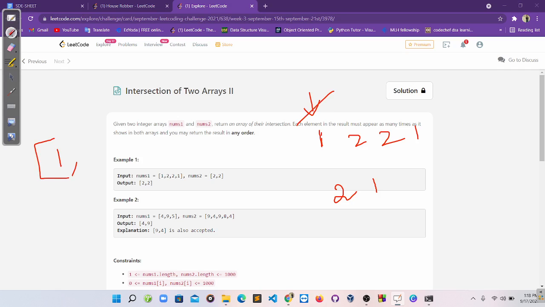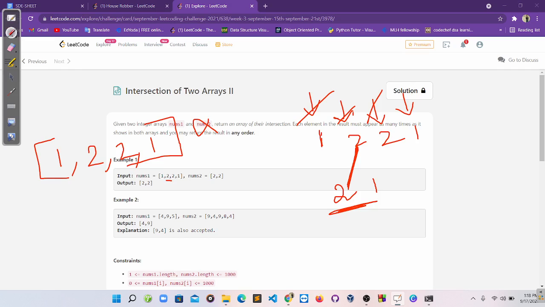Then 2 is present, so we store it. Next 2 is present again, and then 1 is also present, and that becomes our answer, which is wrong, because we want the common elements. If we find a common element, we can't use that element again for the next intersection.